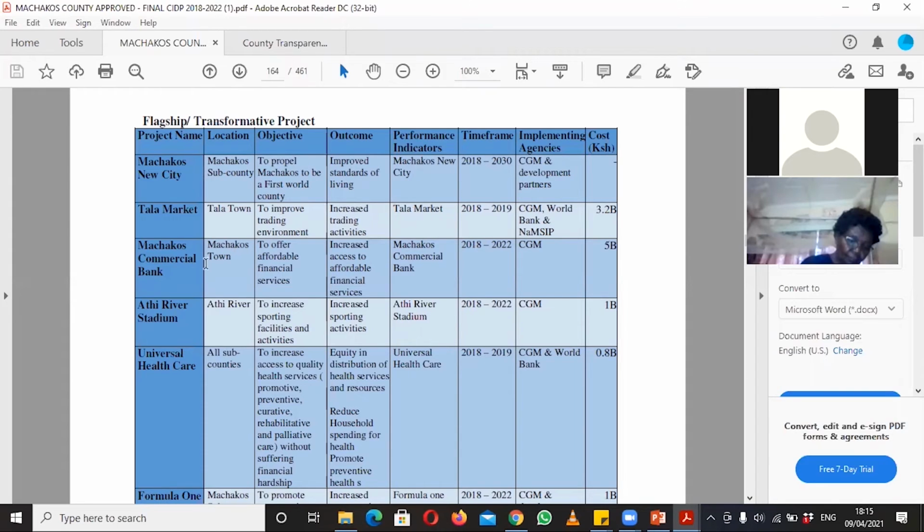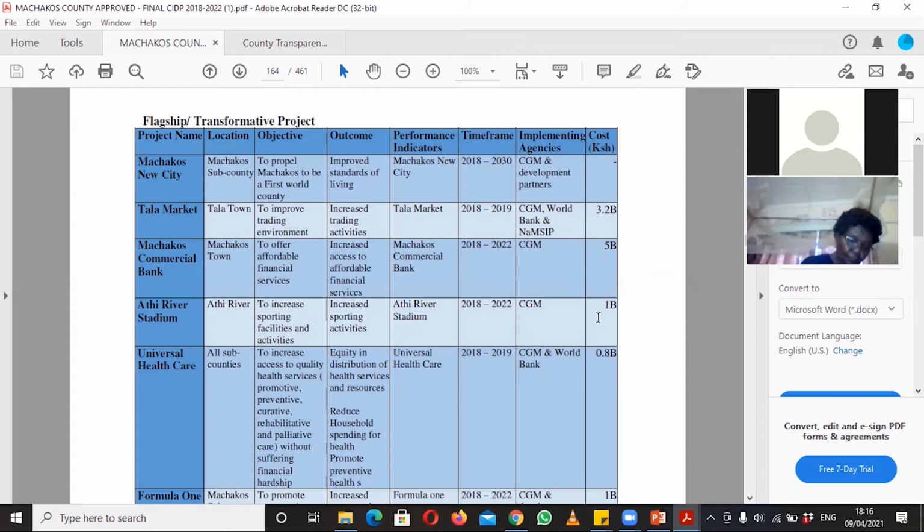And then there's also the Machakos Commercial Bank in Machakos town, for increased access. This one, they said is 2018 to 2022, and they had allocated 5 billion towards that. At River Stadium, they said it's supposed to end by 2022, and they had allocated 1 billion.